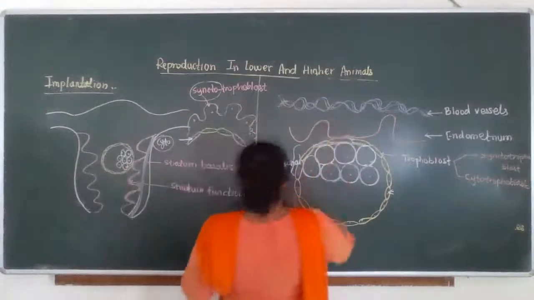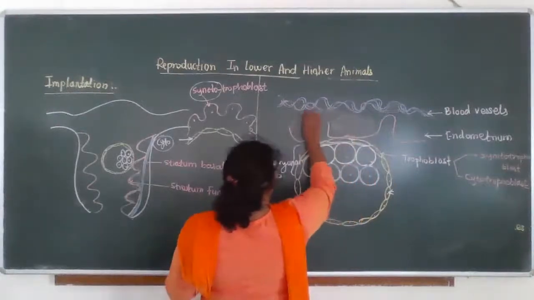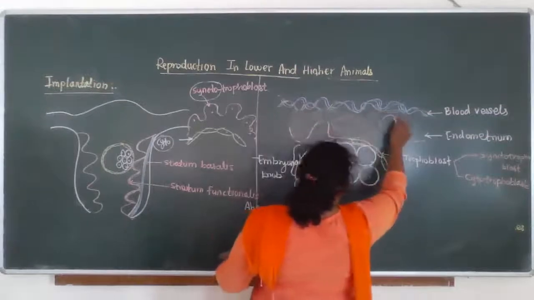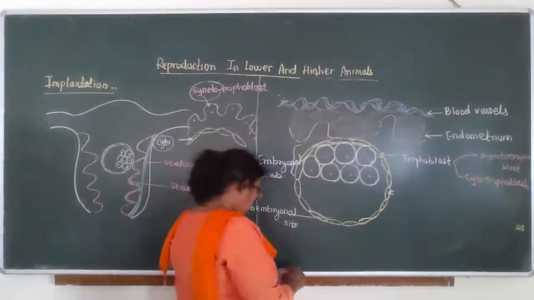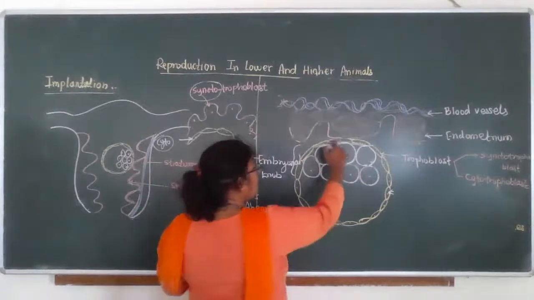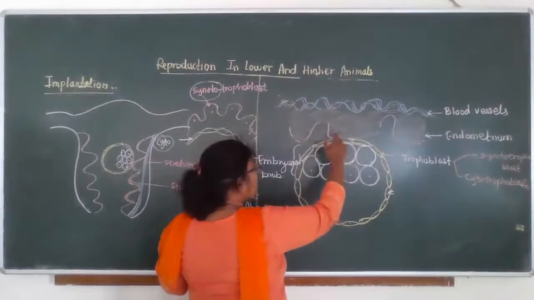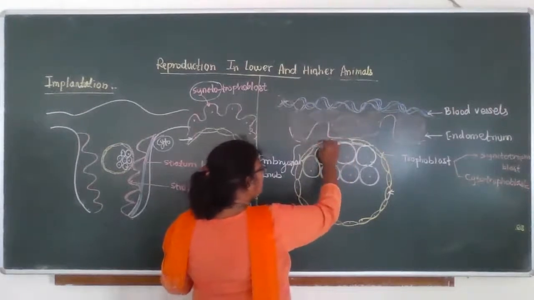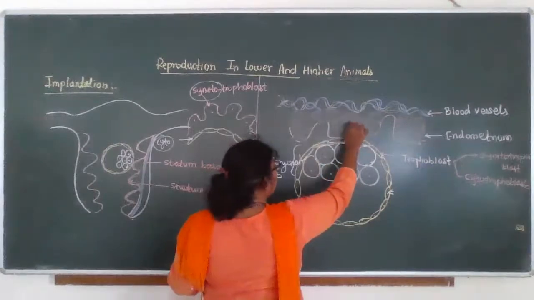This is the endometrial lining. See, this is the endometrial lining. These are the blood vessels inside it. It is highly vascular now. Okay, now what happened? During implantation, this change happens at this site, the embryonal knob site. The syncytiotrophoblastic cells get formed.